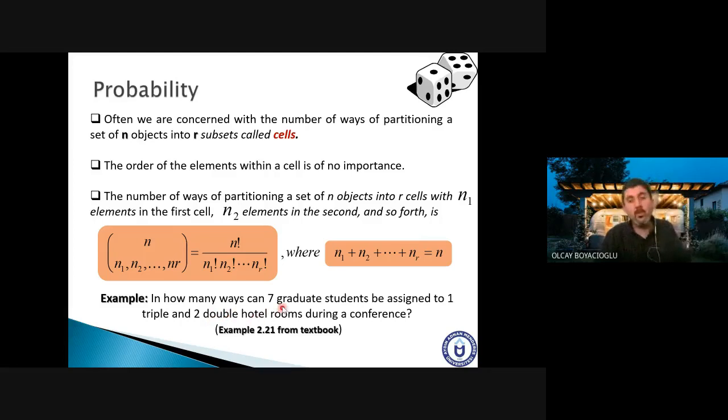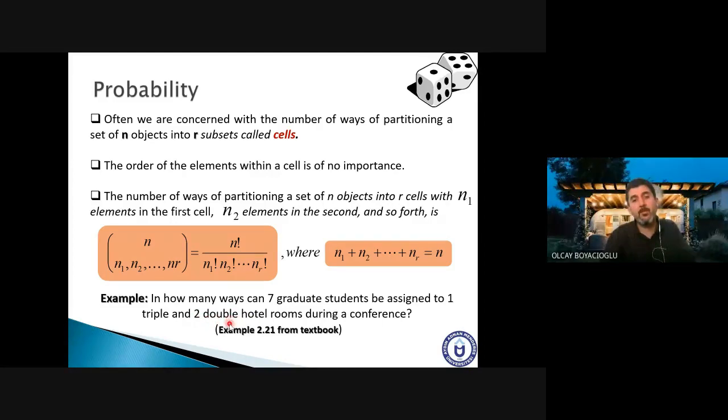We have 3 rooms and we have 7 students. So in this case, in how many different ways can we accommodate these 7 students in the hotel rooms? The answer would be very simple again, right? 7 factorial divided by 3 factorial, because the room can hold 3 students, times 2 factorial times 2 factorial, because we have 2 double hotel rooms.